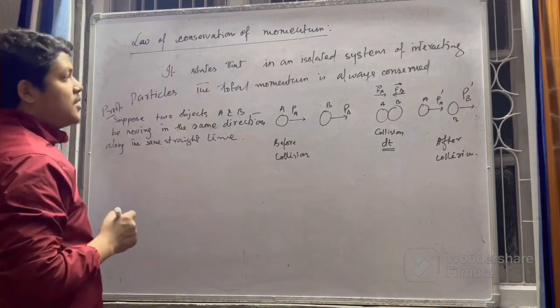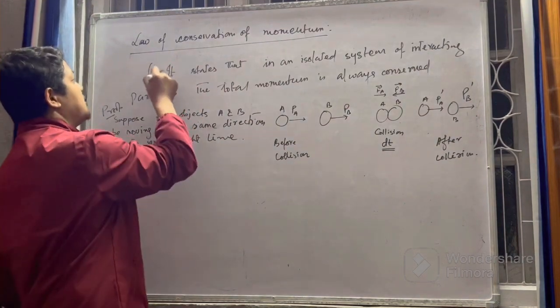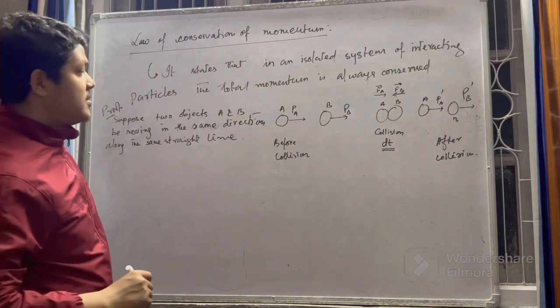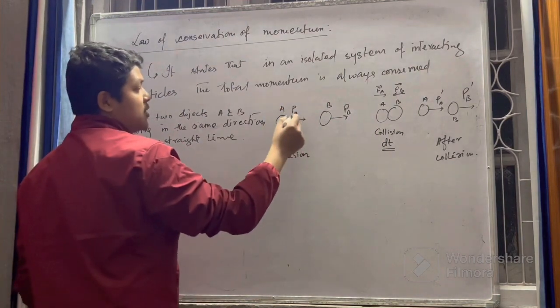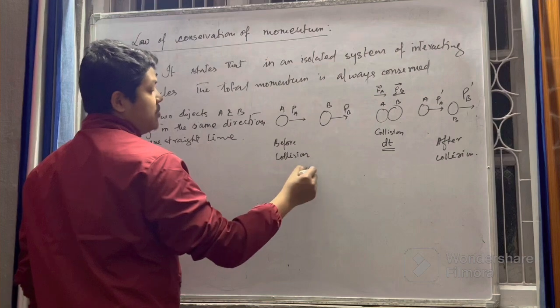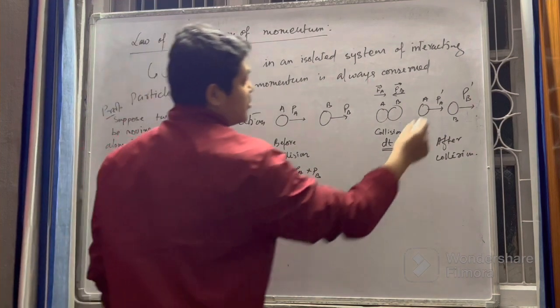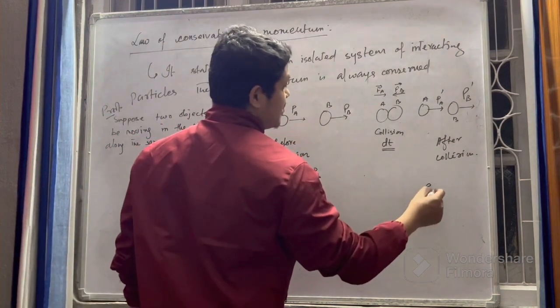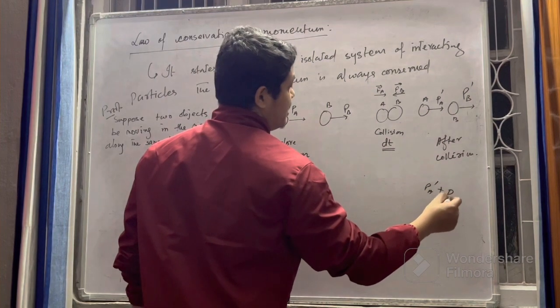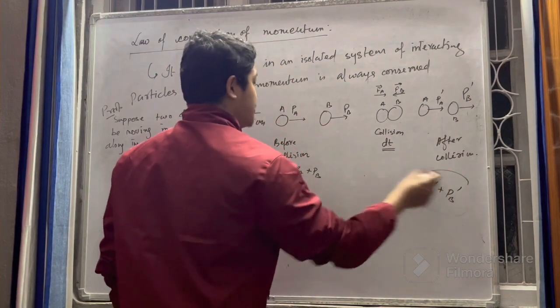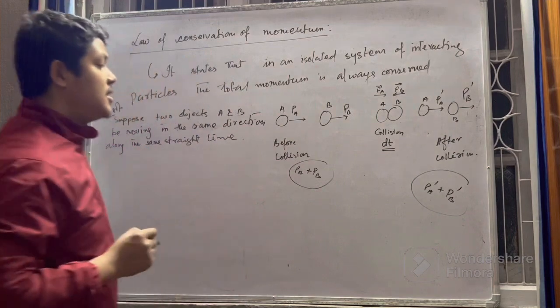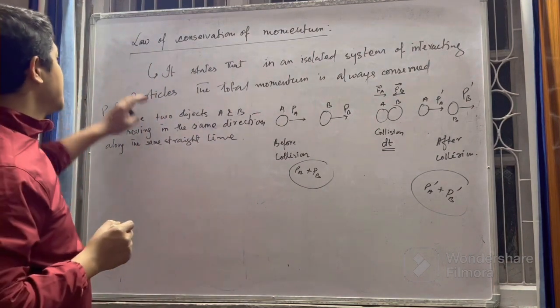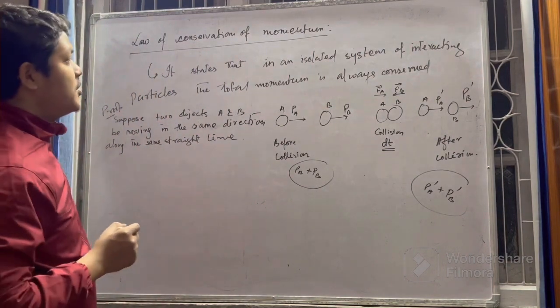According to this law of conservation of momentum, the total momentum before collision, Pa plus Pb, and the total momentum after collision, that is Pa dash plus Pb dash, these two should be equal, right?